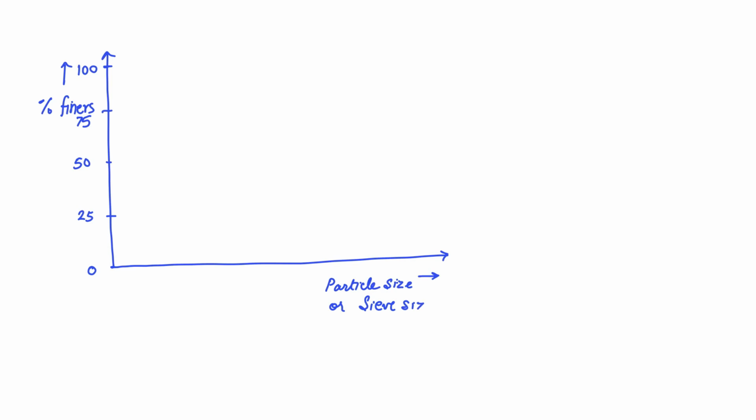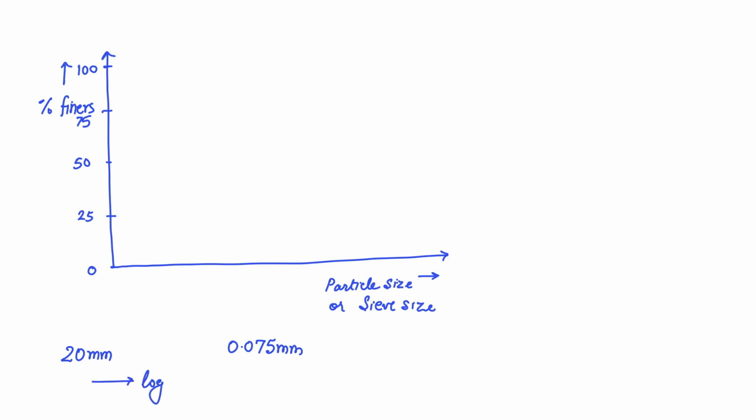As you know, the sieve size can vary from 20 mm to 0.075 mm. So the question is, what should be the interval of the x-axis? Here we take a log scale.